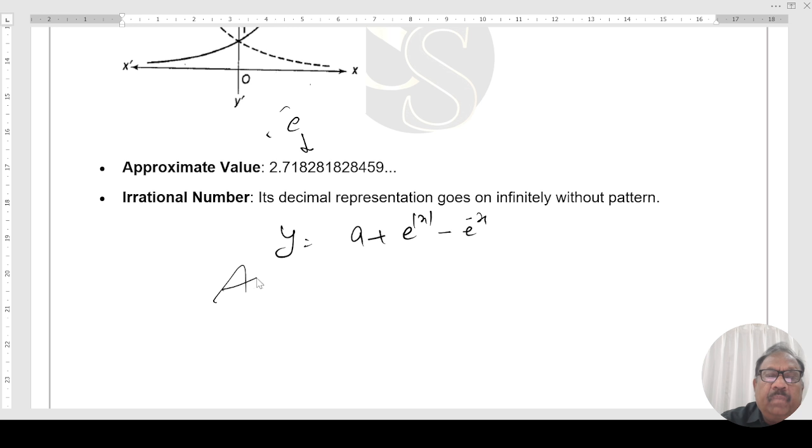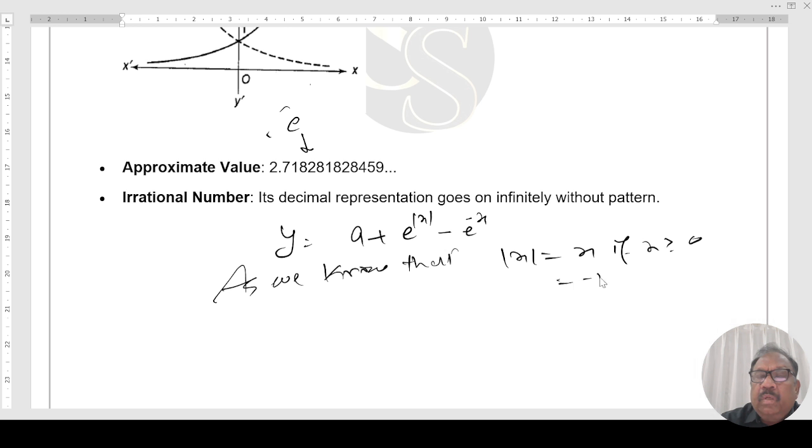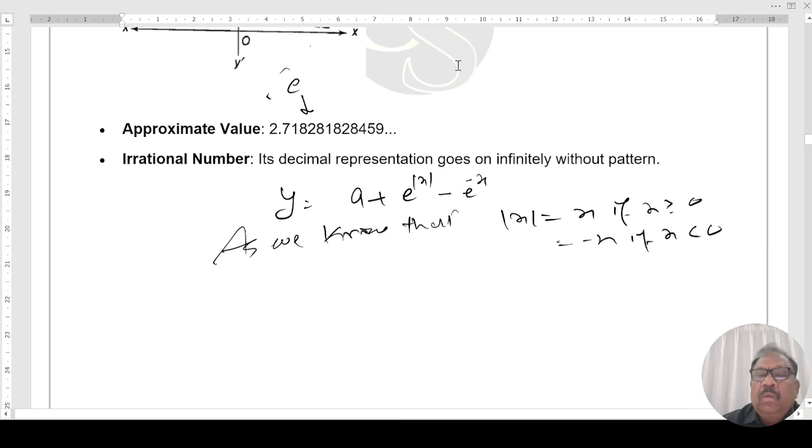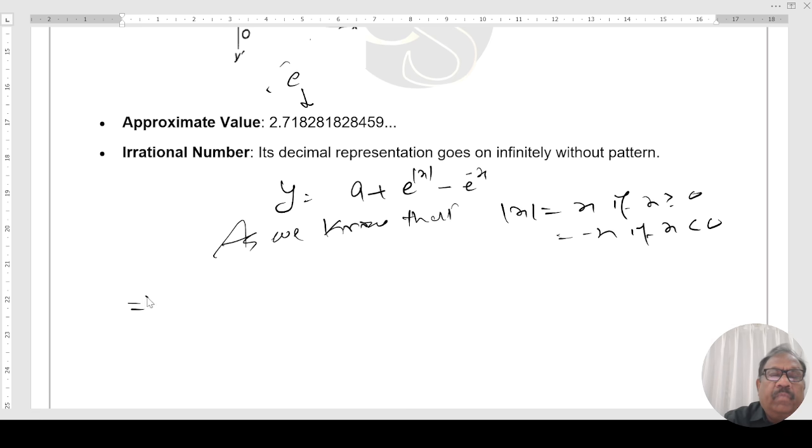As we know, mod x equals x if x is greater than or equal to 0, and equals minus x if x is less than 0. Means there are two cases now.